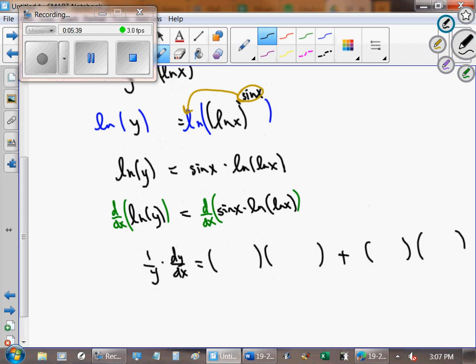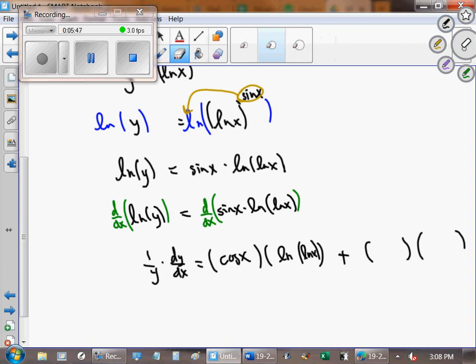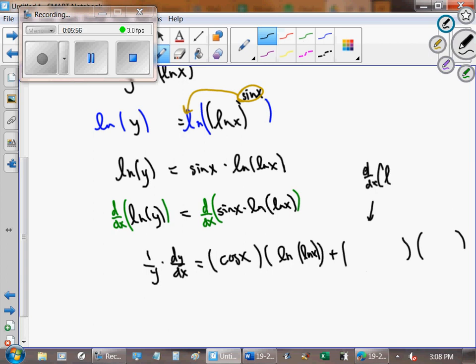So the derivative of sine, then the ln ln x. Then we have the derivative of the ln ln x. So how does that work? What is the derivative of ln of ln x?